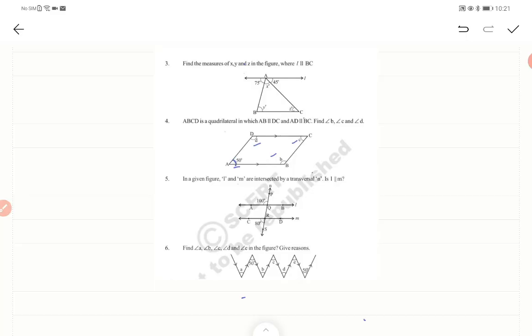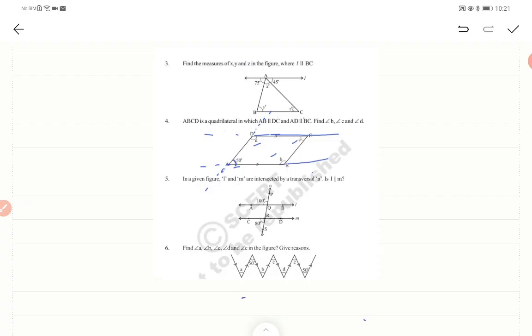Only one angle is given, the angle formed at A, which is 50 degrees. Now they have asked you to find all the rest of the angles. Look at this: when you extend, consider the two parallel lines DC and AB.